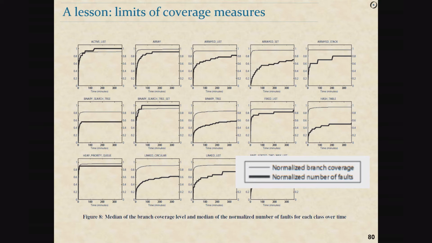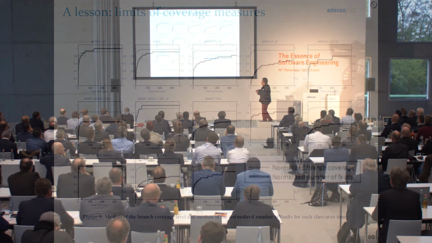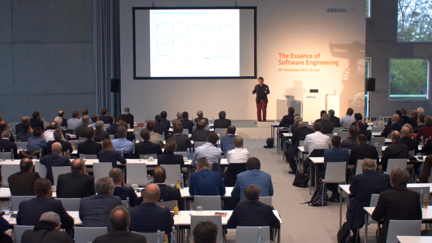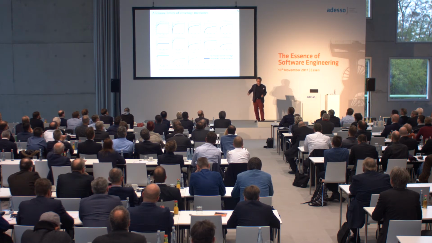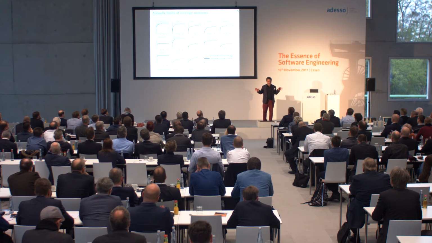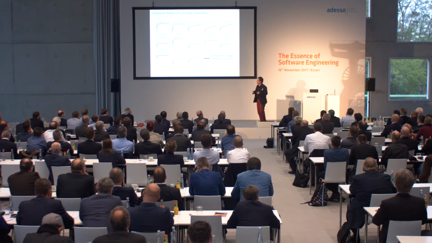interesting. So we have this automated testing. And what the narrow line shows is branch coverage, which in many cases reaches close to 100% very quickly. It's completely automated, right? Test cases generated automatically on object-oriented software.